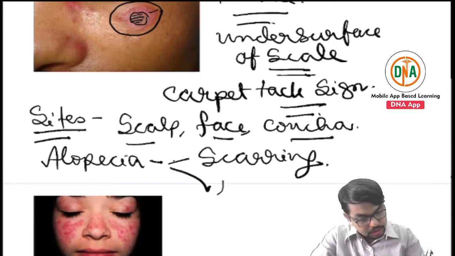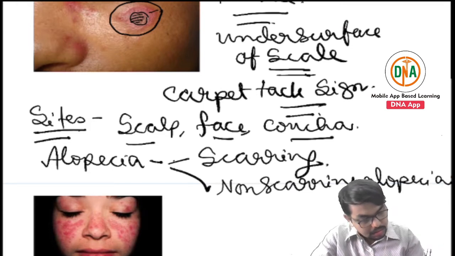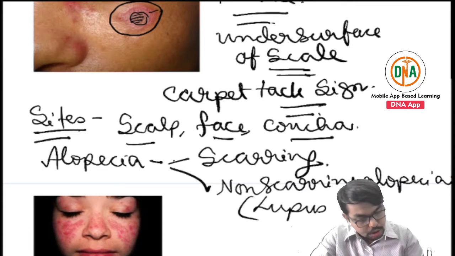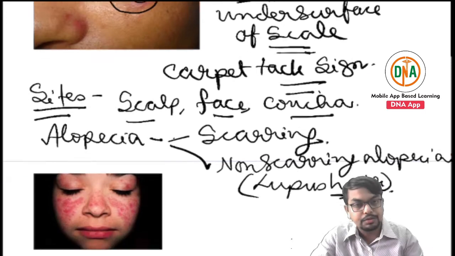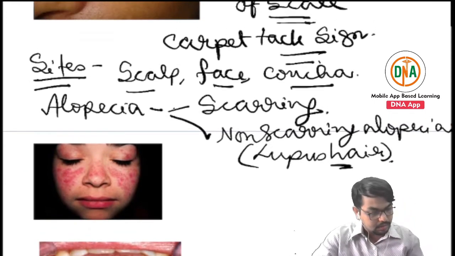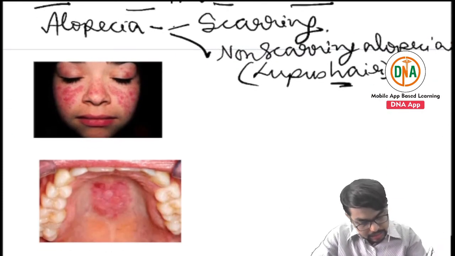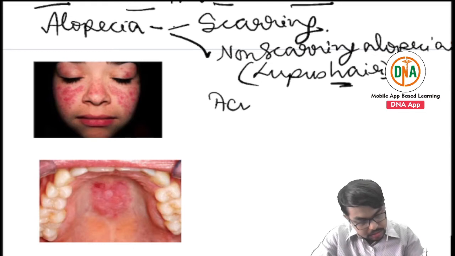But we can also get non-scarring alopecia. It is commonly called lupus hair. They are short, fine hairs in the frontal hairline.